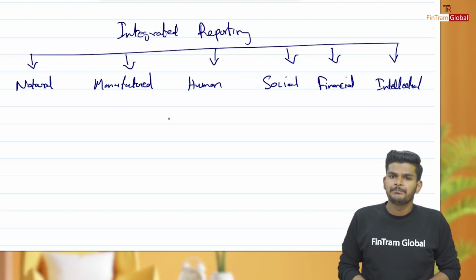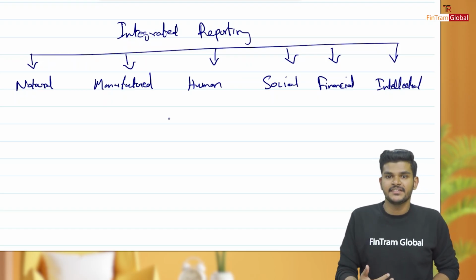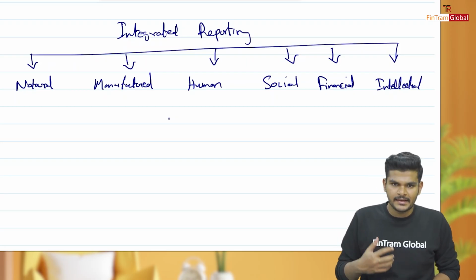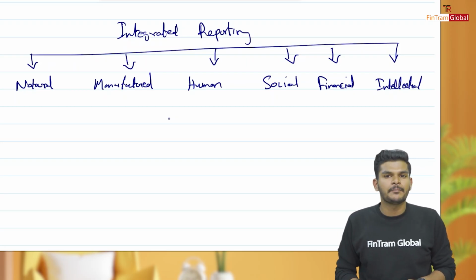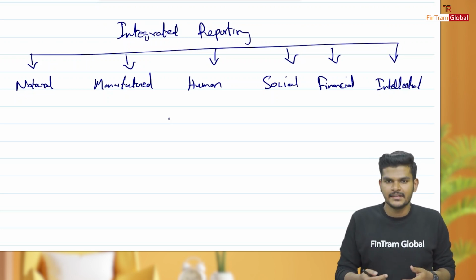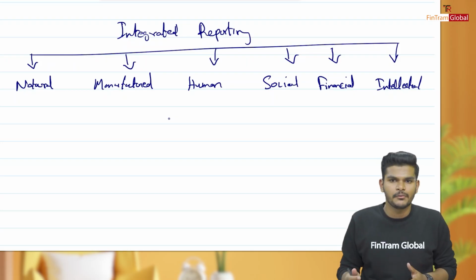Social capital is the relationships that the organization has with the community, or with the general public as a whole. Okay, folks. Financial capital, as we know, is all about the shares, the debt, the equity, all the financial assets and liabilities that we have, right?